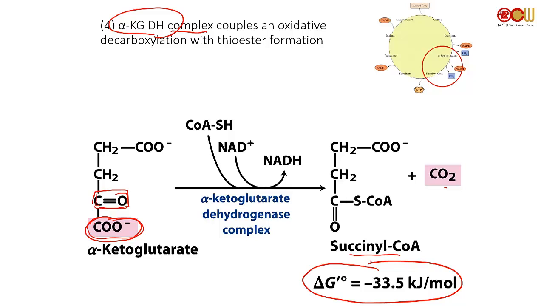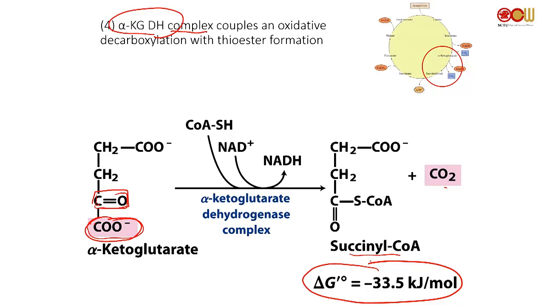Okay, why? Because it's similar to pyruvate dehydrogenase, and you should remember that pyruvate dehydrogenase has a very large negative delta G, and so this reaction is also irreversible. Now, most, I wouldn't say all, but most decarboxylation reactions are going to be irreversible because CO2 leaves the system as a gas, so it's harder to recapture the gas.